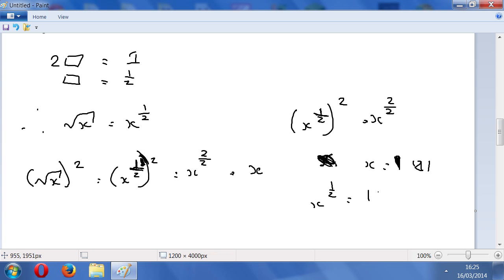Then x to the half will be 11, and x to the 1 will be 121. So look, you can see how it's growing. It's growing in a very large fashion, isn't it?